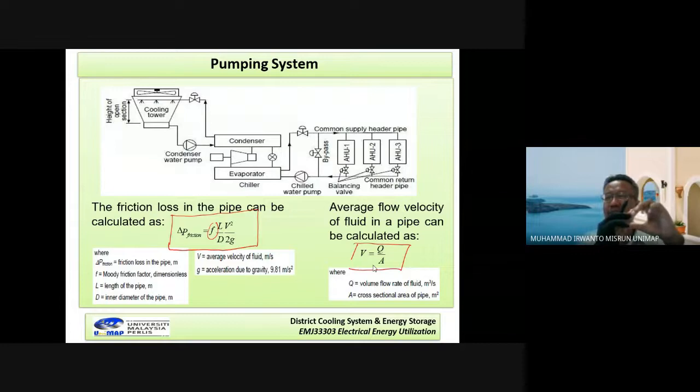This is the flow rate of the fluid. So velocity equals the flow rate of the fluid divided by the cross-section area of the pipe. And remember, because the pipe is a circle, this is the cross-section area for the circle.